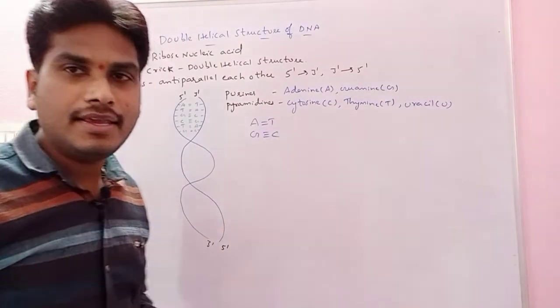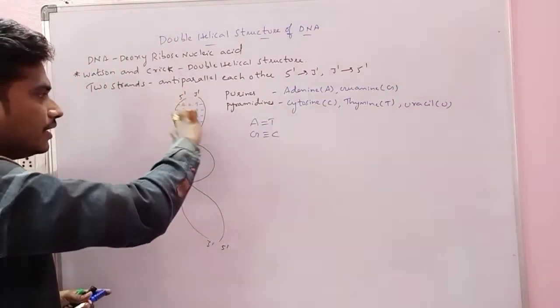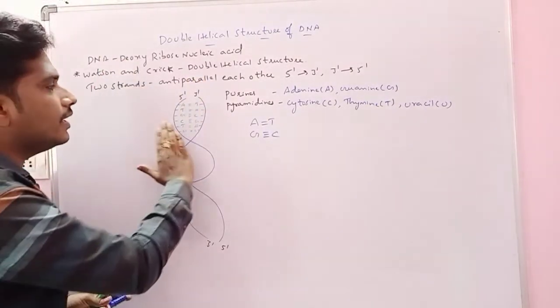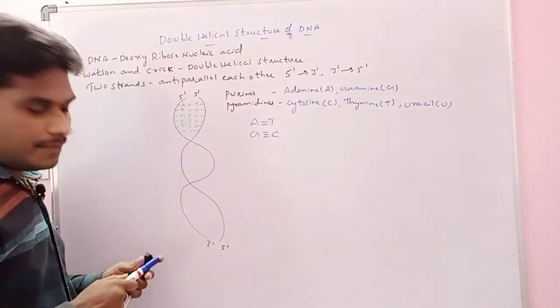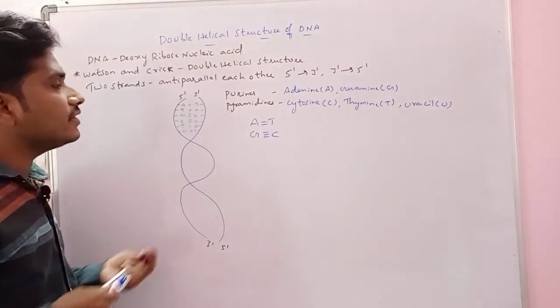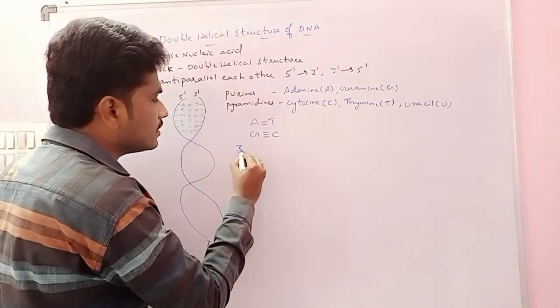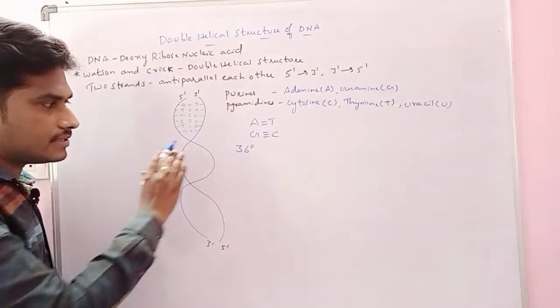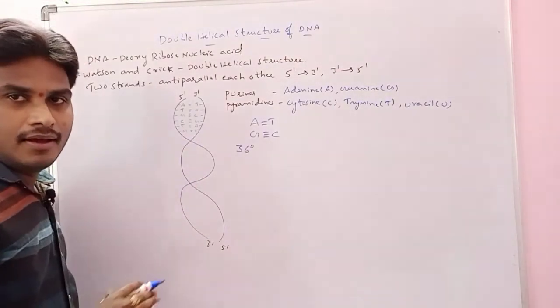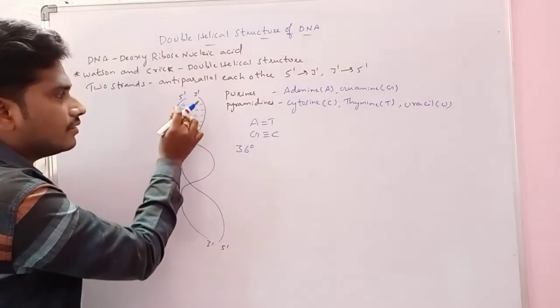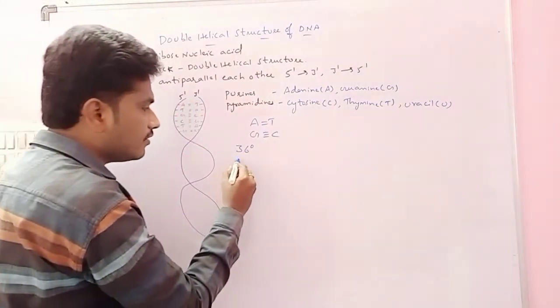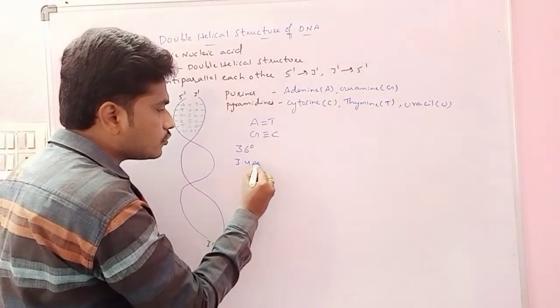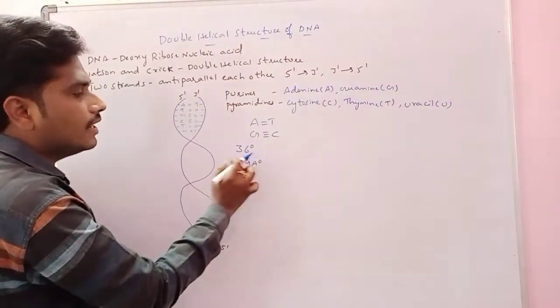And what is happening here? This complete thing we call a turn. Double helical, two strands are there. The angle between these will be 36 degrees. The base pair length between two base pairs will be 3.4 angstroms.